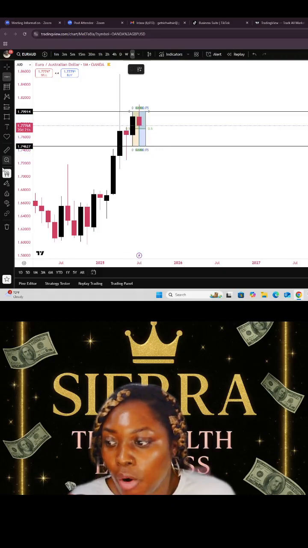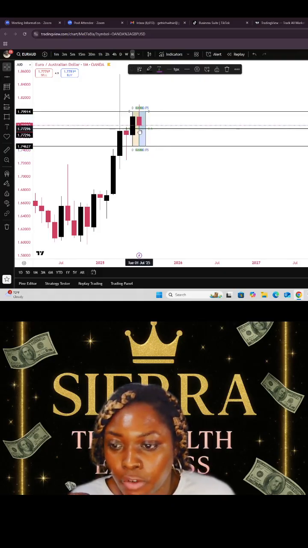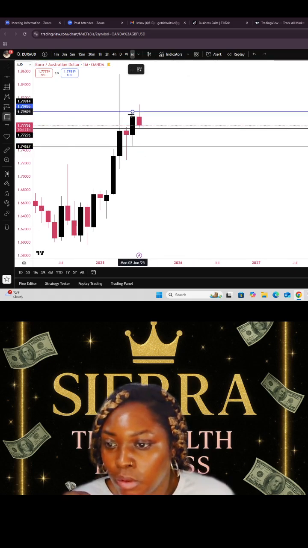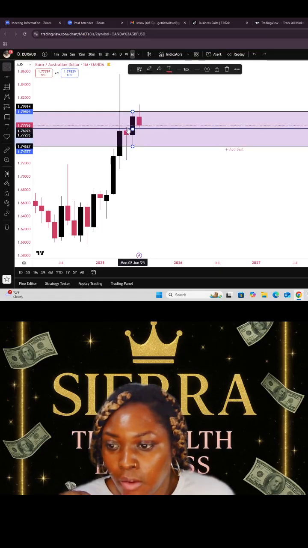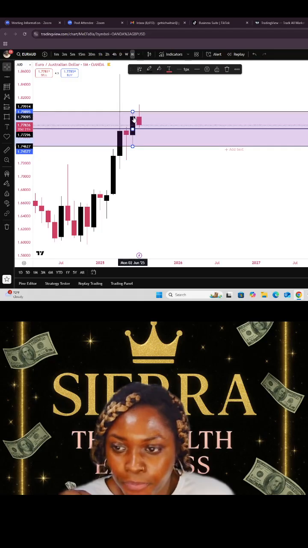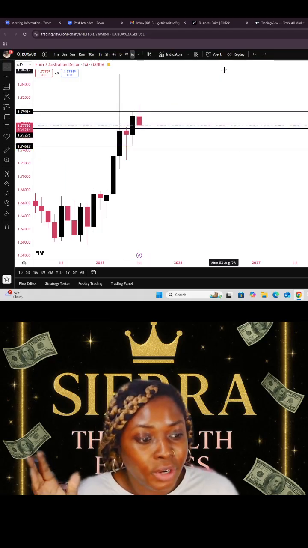And then put a horizontal line at your 50% here on the chart. And then if you use your rectangle, your horizontal line will go right there on the blue line. Okay. So that's all you need on your chart.